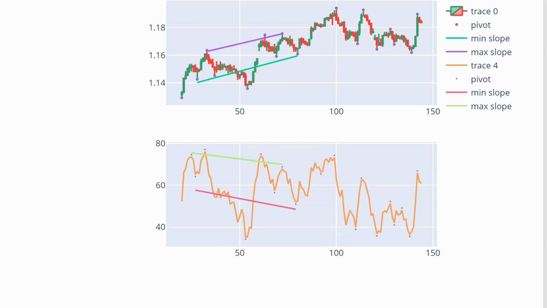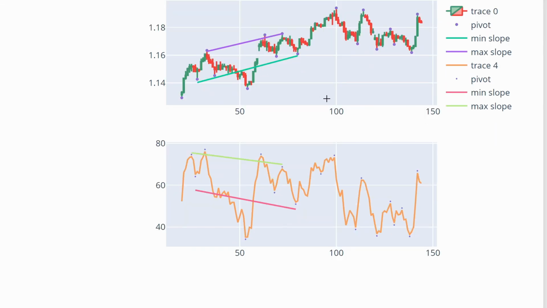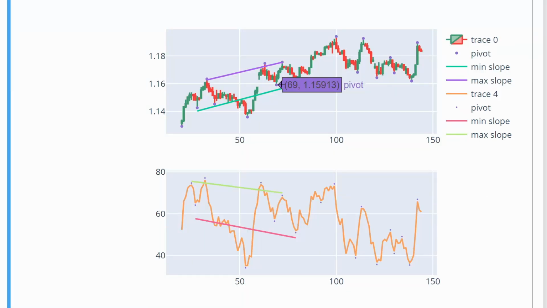We can confirm this if we consider an average slope procedure. Even if you take 2 different points, let's check the last minimas here of the price. We can see that these points show a slight uptrend. We have higher lows from the candlesticks, while here we have lower lows from the RSI.